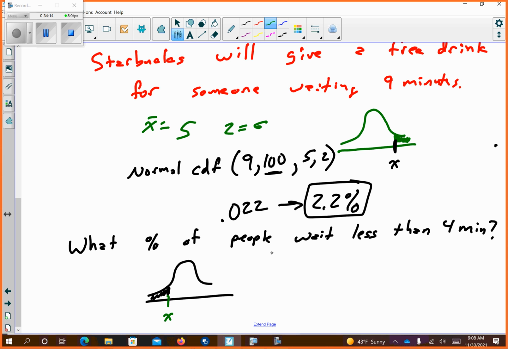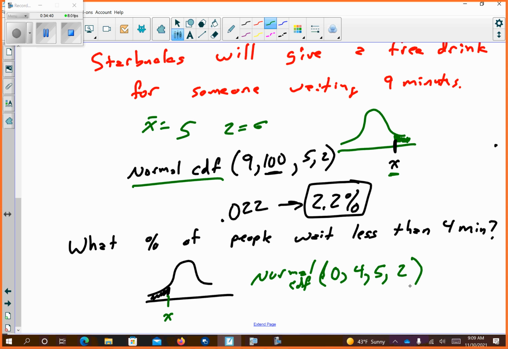So what percent of people will wait less than 4 minutes? What should we do? What finds us the X value? Same thing that found us the X value here. 0 and 4. So normal CDF, 0 sounds good, or we could go negative number, doesn't matter. 0, 4, mean is 5, standard deviation 2.